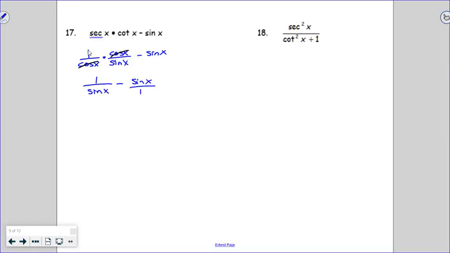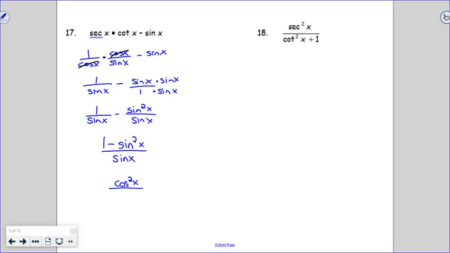So then I would want to get a common denominator. Multiply top and bottom by sine x. And now I can combine my terms here over the common denominator. Replace the 1 minus sine squared with its Pythagorean identity, cosine squared.